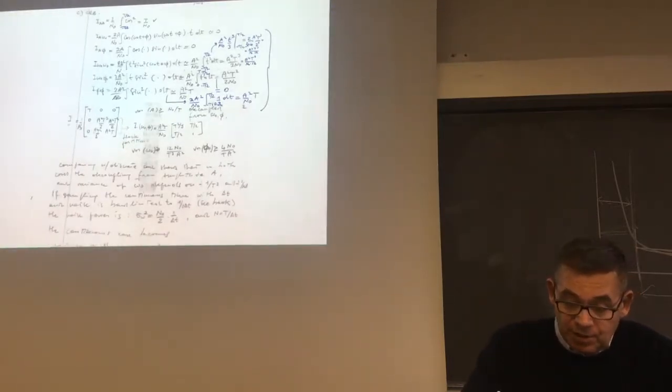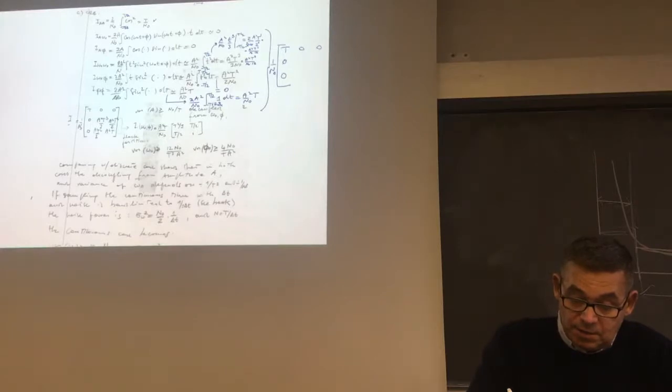So the Fisher information matrix in this case becomes 1/n0 collected, t0, 0. Then this one is 0, this is 0.